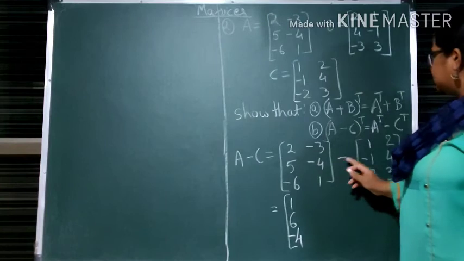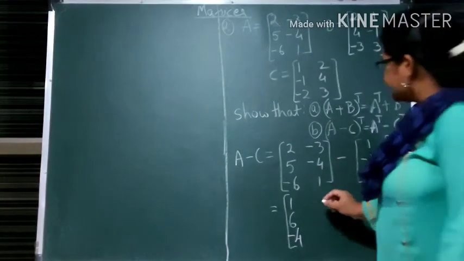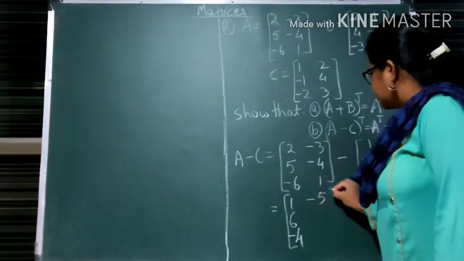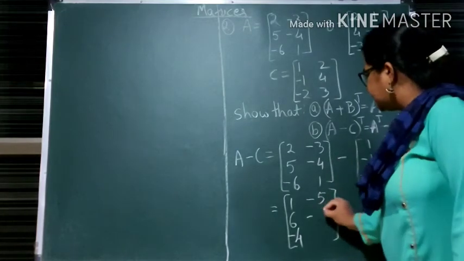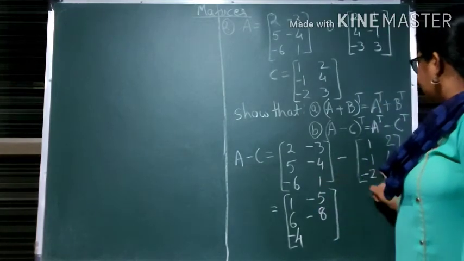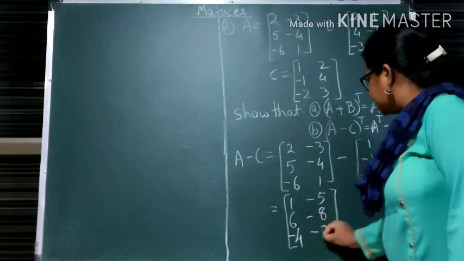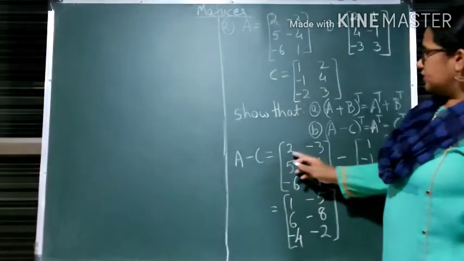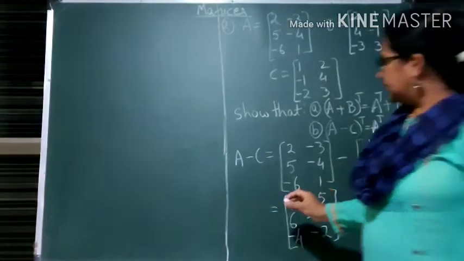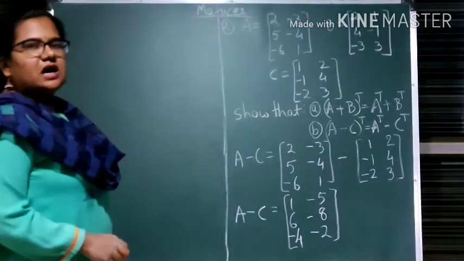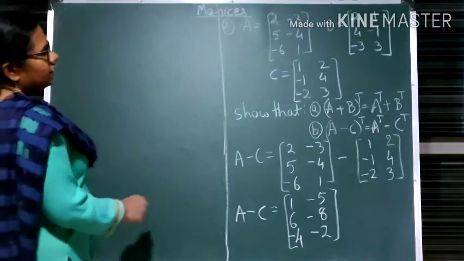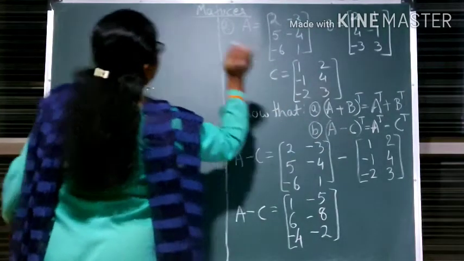Yes, minus 3 minus 2. Minus 3 minus 2 is minus 5. Minus 4 minus 4 is minus 8. And 1 minus 3 is minus 2. Okay, so subtract properly the elements. So this is your A minus C. After finding A minus C, your LHS is A minus C transpose.